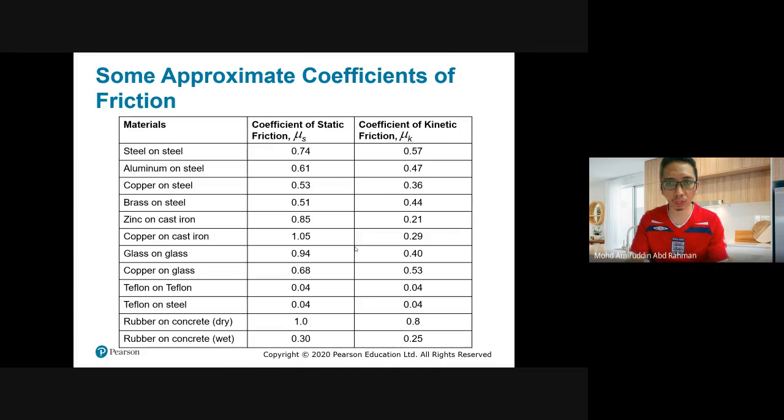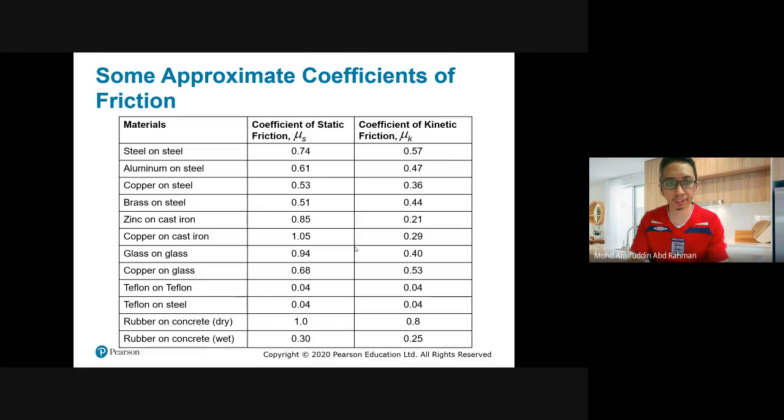The lowest mu s and mu k are for Teflon on Teflon and Teflon on steel. Why does Teflon have the lowest static friction and kinetic friction?